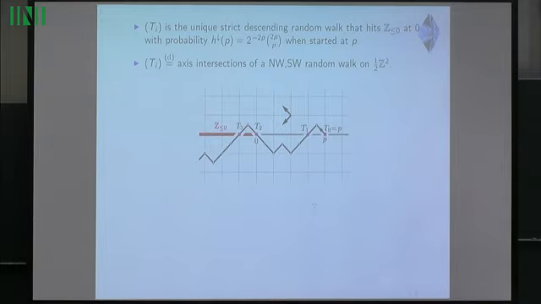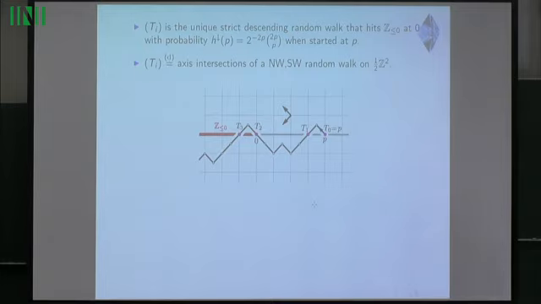Or formulated differently, I can take a lattice walk with just northwest and southwest steps, starting at p, and then ask where it will hit the negative half axis. Now of course it will hit this negative half axis at 0 exactly when the random walk is 0 after 2p steps, which is this probability.